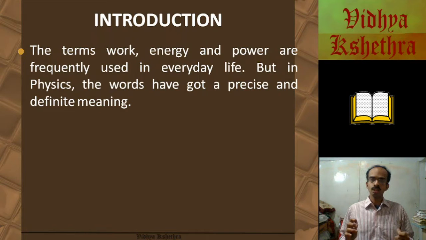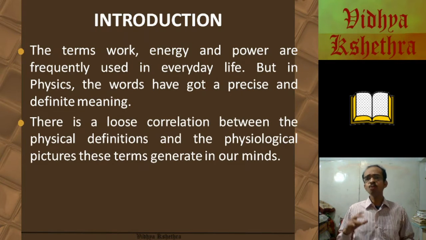For example, in a boxing match, a boxer is said to be powerful if he is able to hit hard. These are the everyday life situations in which we use these terms. There is a loose correlation between the physical definition and the physiological pictures these terms generate in our mind.